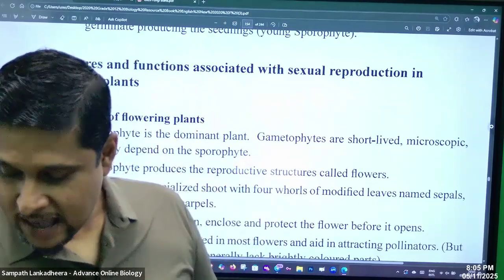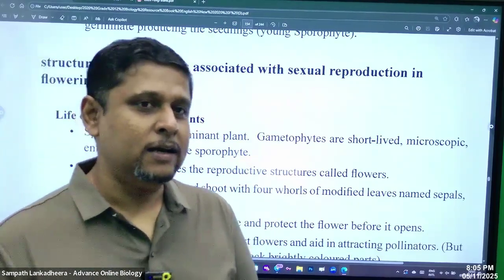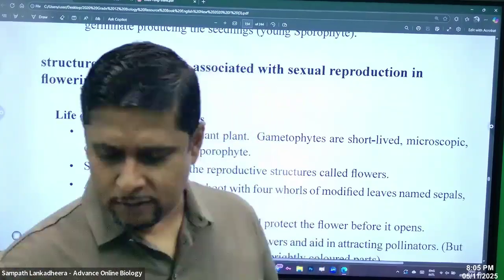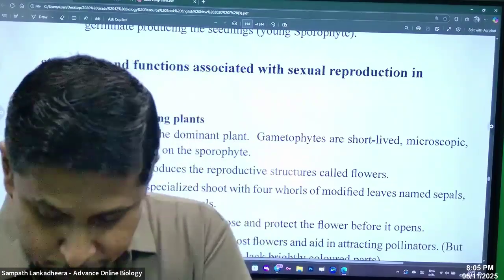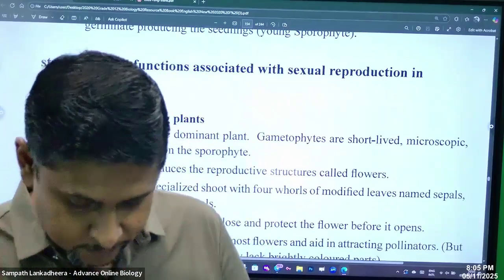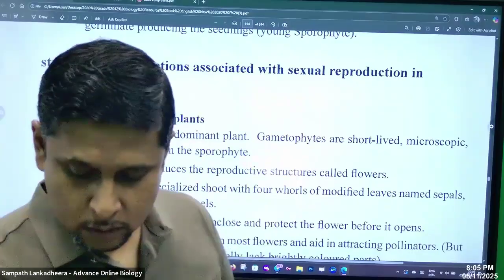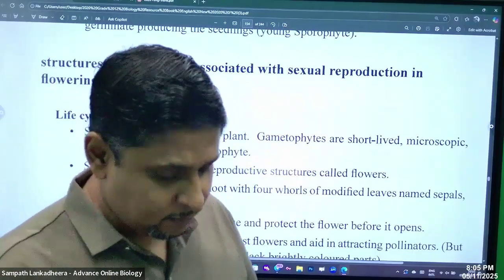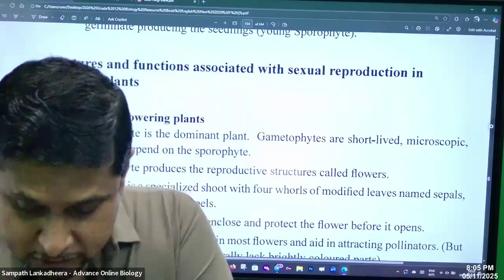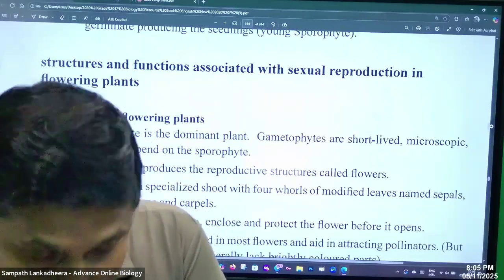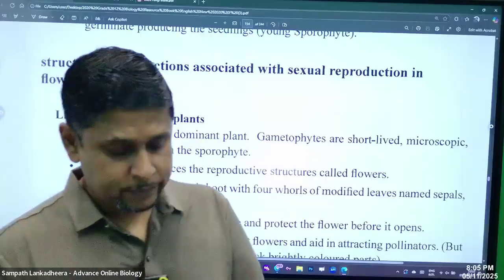And then people, we learn about the formation of the flower also. We learn the flower is a special reproductive structure.